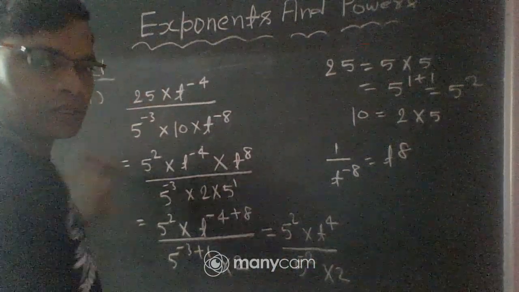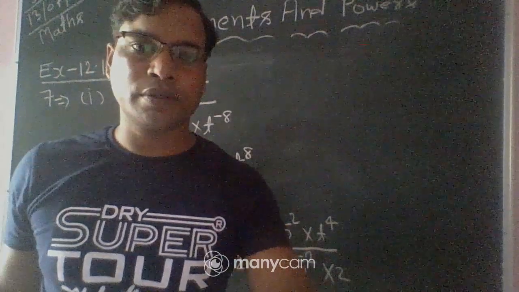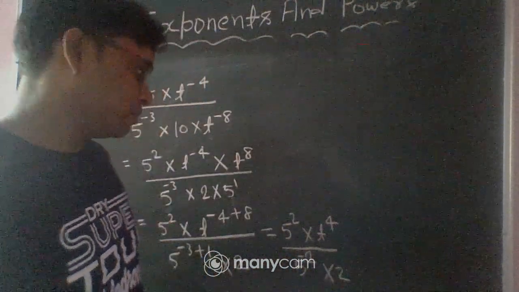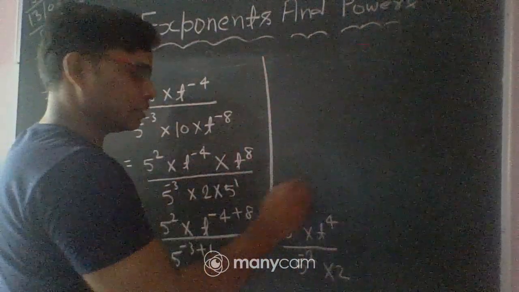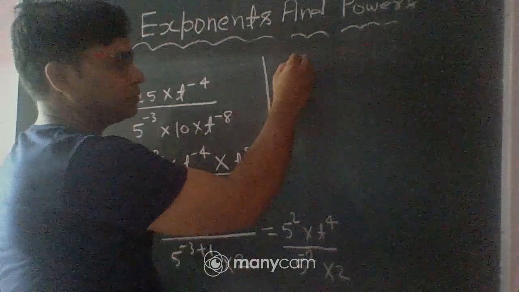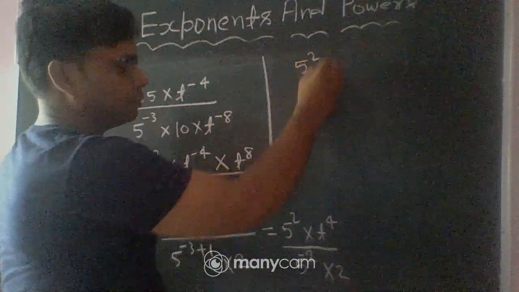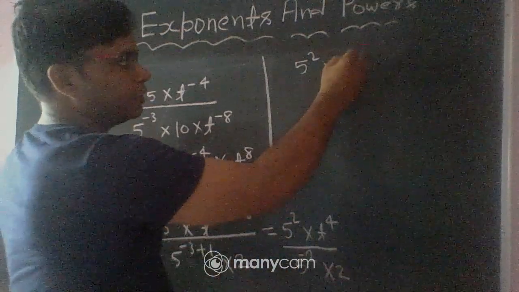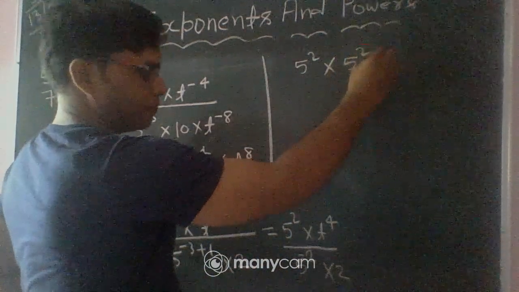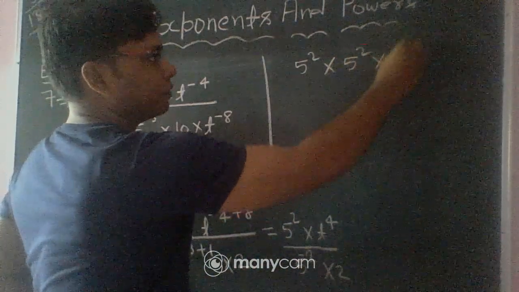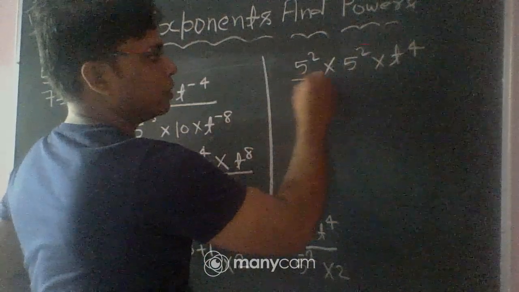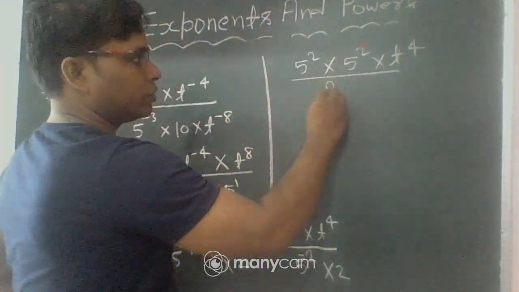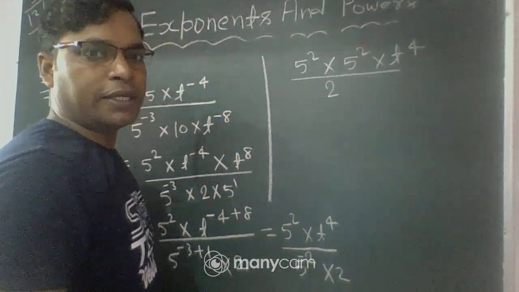Okay. Now you can write here 5 power 2 into t power 4 divided by 5 power 2 into 2. This is clear?